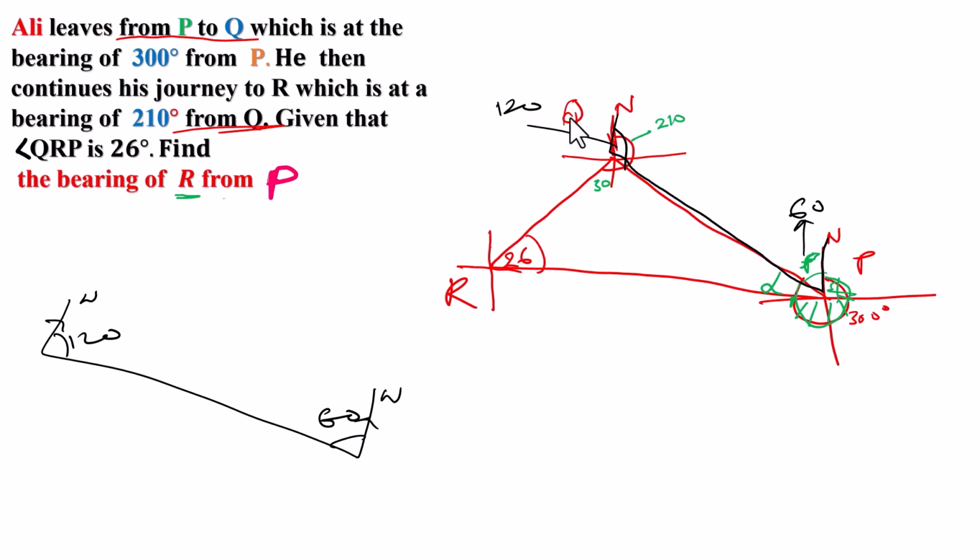If this side is 120, then from this side to this side is 180. So what value plus 120 will give us 180? This side is 60. So this side is 90.